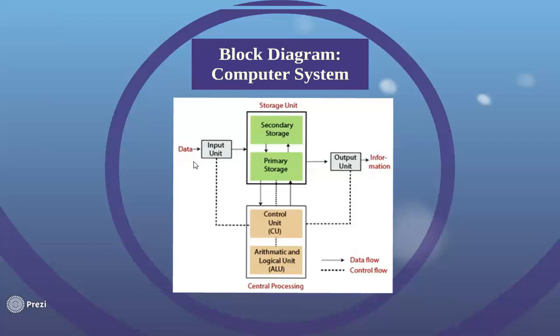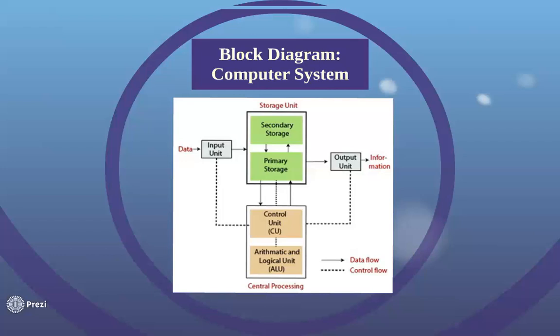Raw information is data. It gets processed in the CPU with the help of the storage unit. Help of the storage unit means that in the storage unit you can save your intermediate result, or you can use whatever you have already stored there.